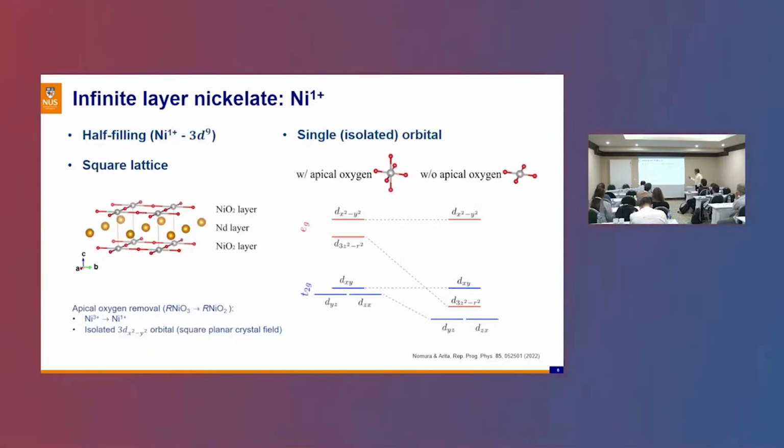By removing the apical oxygens, you get these planar structures, and the crystal field leads to the isolation of the x²−y² orbital of the 3d, leaving the z² orbitals high in energy isolated. So basically now you can fulfill all the ingredients that copper oxide has.